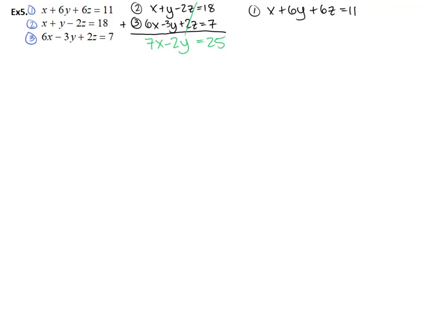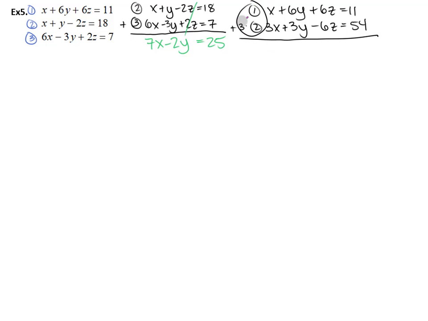And we're going to take the second equation, and this is how you do the notation here, the second equation, but we're going to multiply everything by 3. So rather than writing times 3 over here, I'm just using the notation to say this is the second equation with everything multiplied by 3, which would give me 3x plus 3y minus 6z, and the 18 times 3 is 54. Okay, and then we're going to add these together.